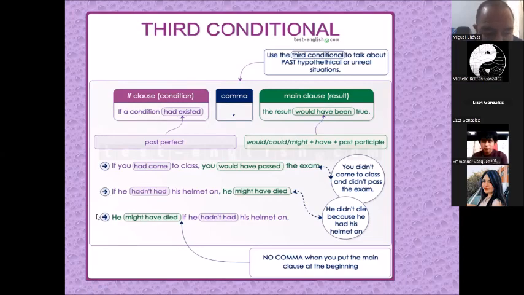These are the two structures that we can use to express the third conditional. We can start with if, or we can put the if in the middle of the structure. But remember that if you put it in this position, we don't need a comma.